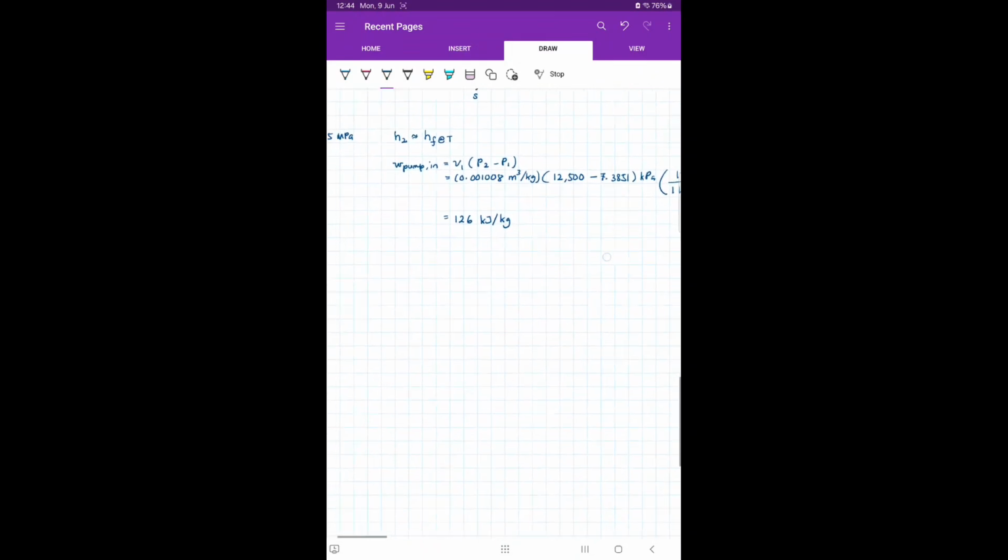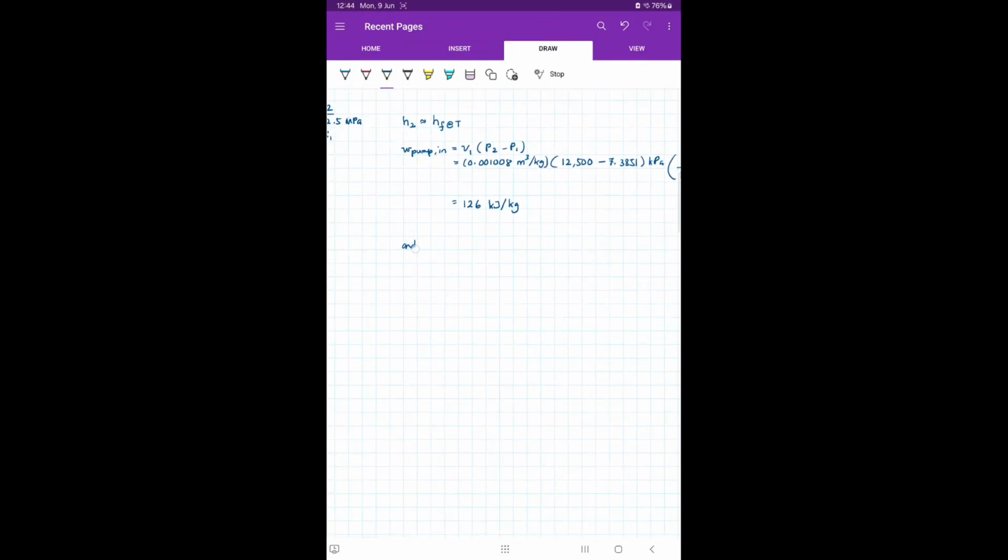Again, we know that the work required by the pump is equal to enthalpy at point 2 minus enthalpy at point 1. So my enthalpy at point 2 can be determined from this value here.